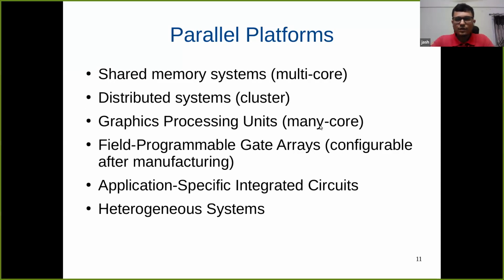And a distributed system you can use in combination with the shared memory system and GPU to get better performance. As a cluster, you can do much better with a cluster of multi-core as well as many-core systems. I hope I made it clear, or did I make it more confusing? Yes, I got the ideas.